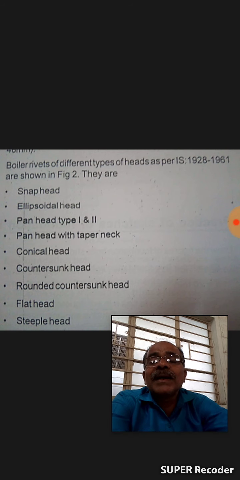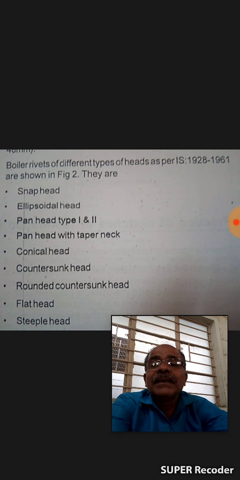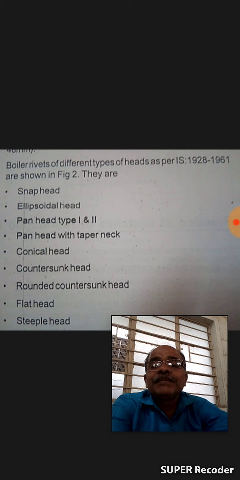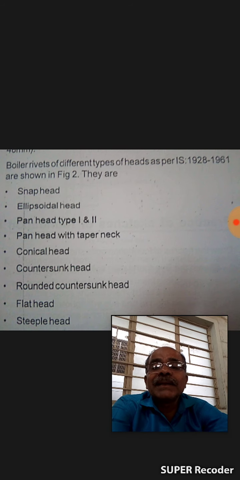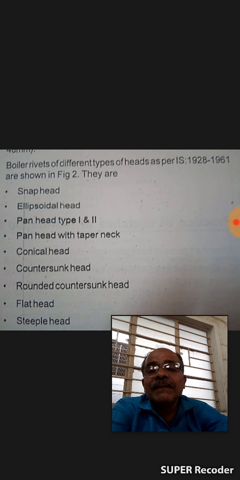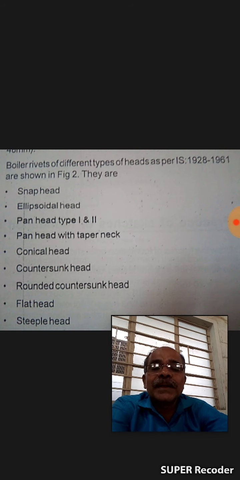They are classified into snap head rivet, ellipsoidal rivet, pan head rivet, pan head with a taper neck rivet, conical head rivet, countersink head rivet, rounded countersunk head rivet, flat head rivet, and steeple head rivet.